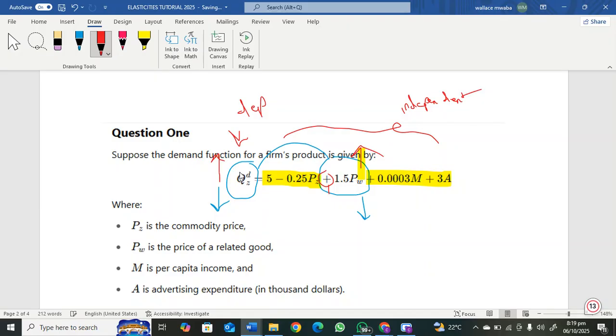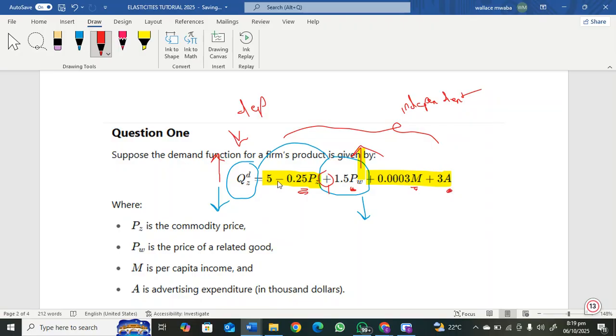Quantity demanded is dependent on the price of the good, the price of the other good, good W, the income of the people, and advertising.